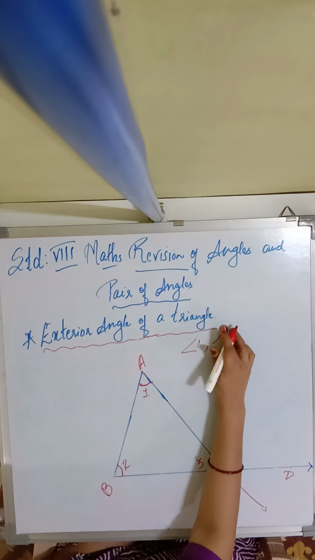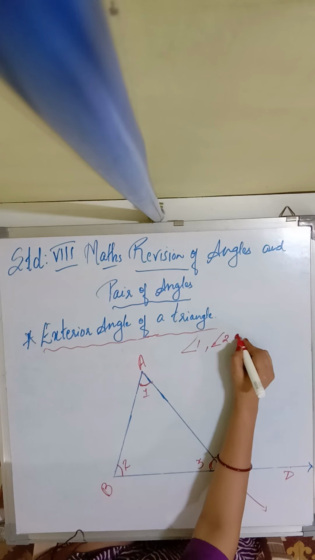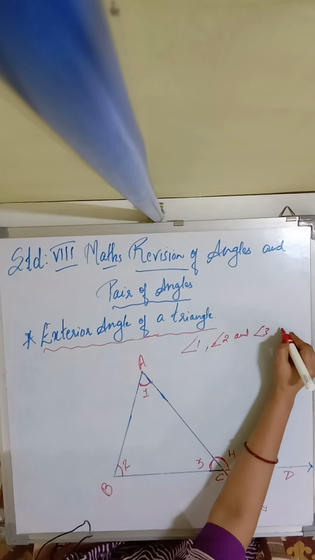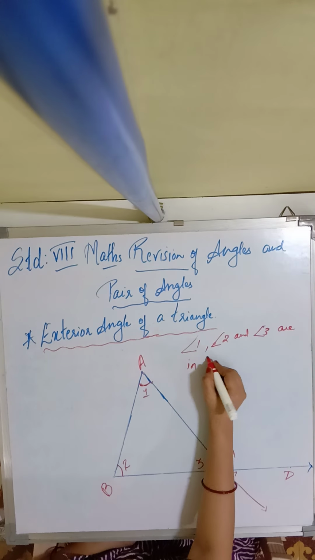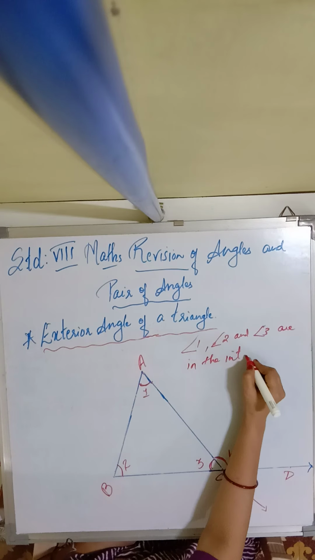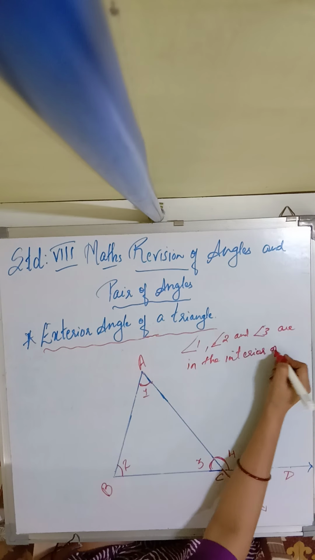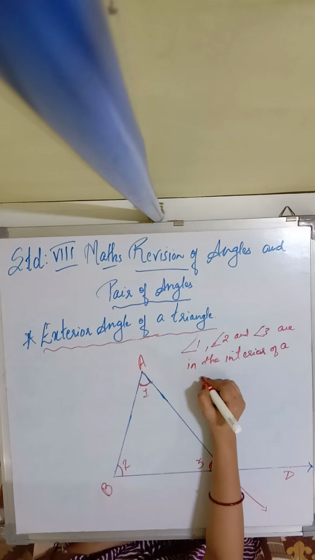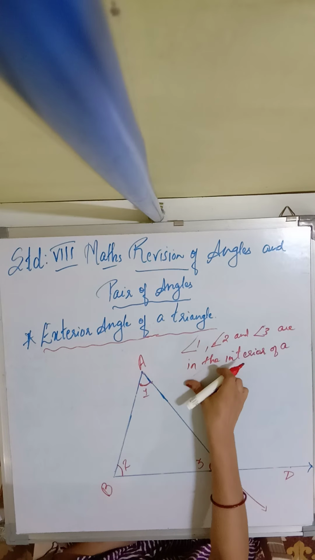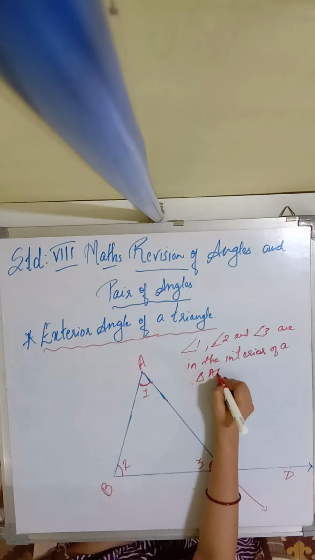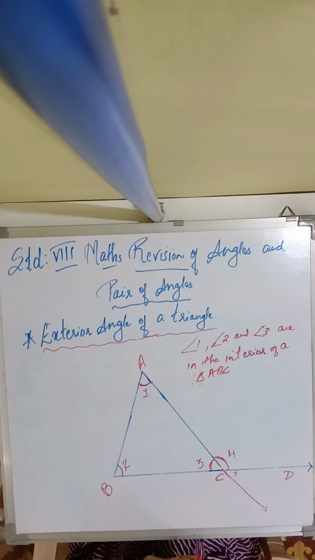Angle 1, angle 2 and angle 3 are in the interior of a triangle. We write triangle with a symbol, so angles 1, 2 and 3 are in the interior of triangle ABC.